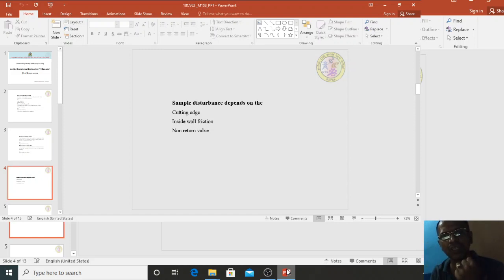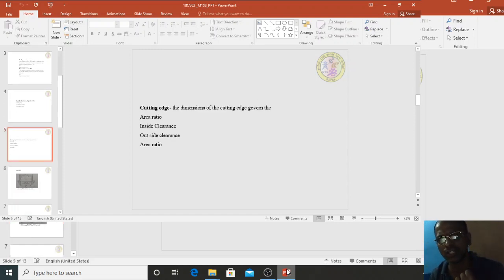Number three, non-return valve. The cutting edge is the end of the tube which cuts the soil. The dimension of the cutting edge governs the area ratio, inside clearance and outside clearance.